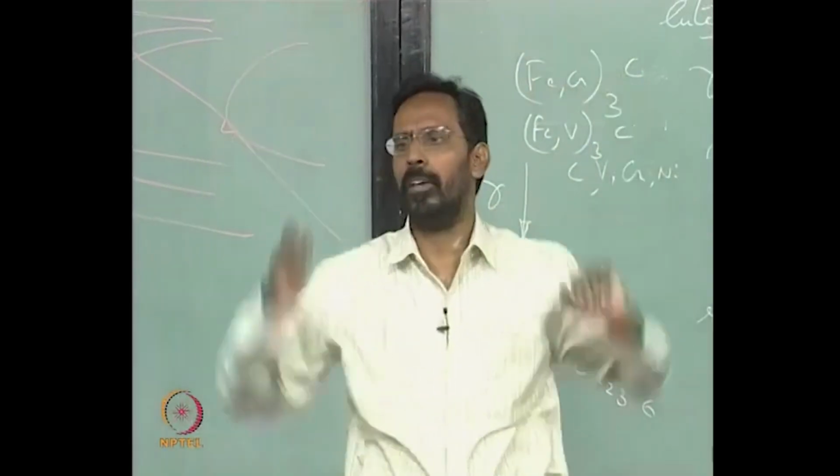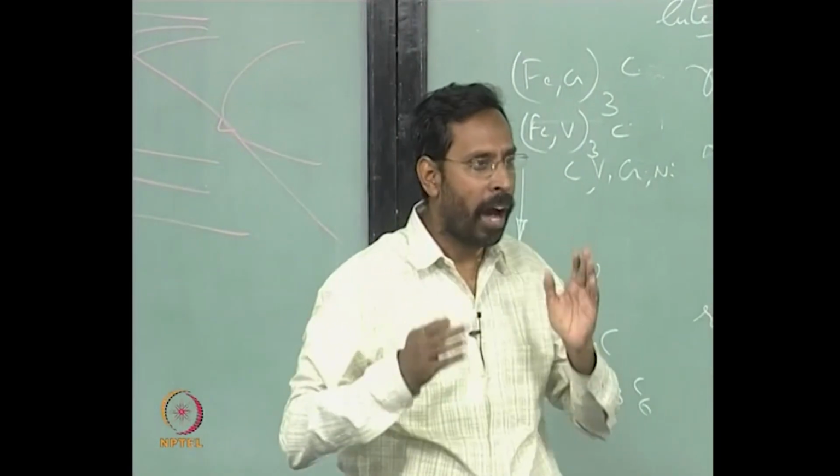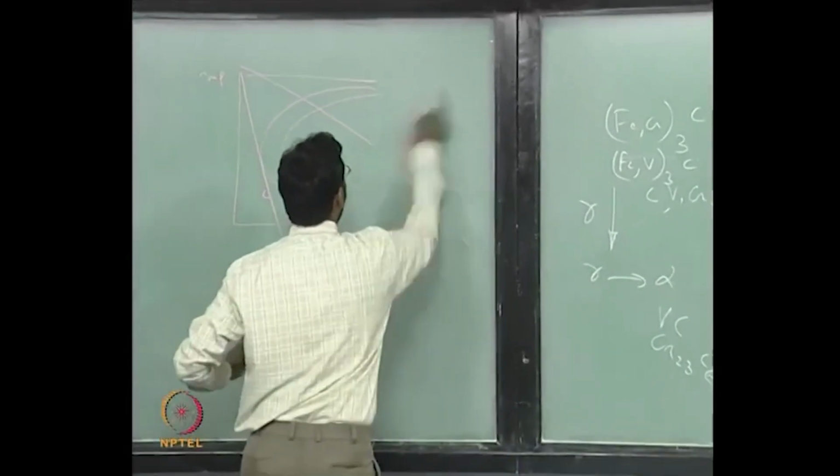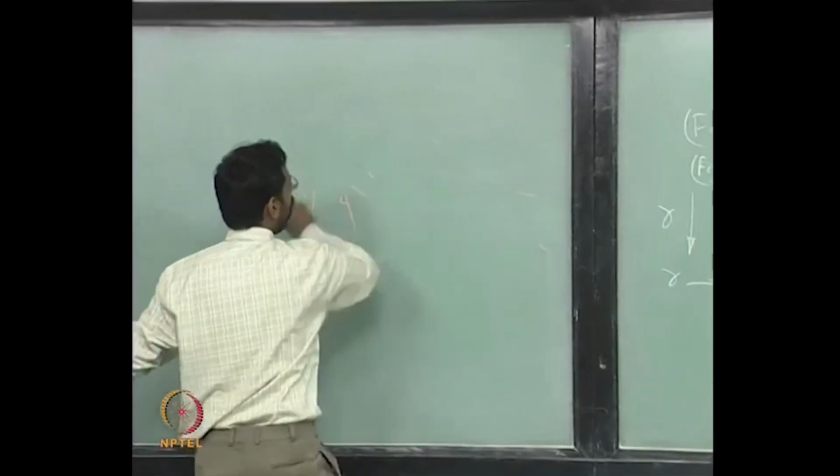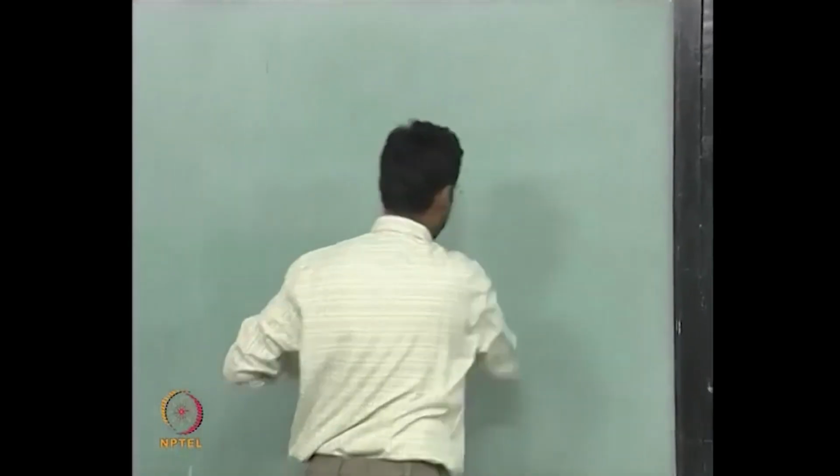Whatever is the alloy composition, let us say I am talking of iron carbon, the alloy with about 0.8% carbon let us say, and plus whatever elements that you are talking about. Okay.